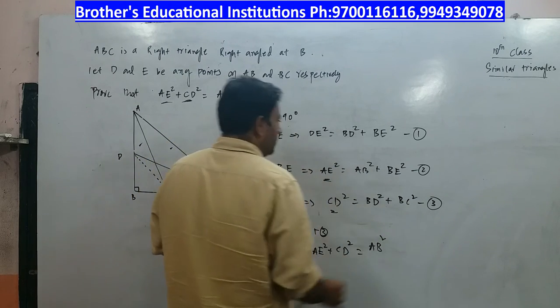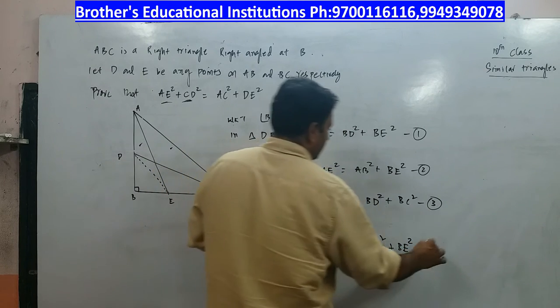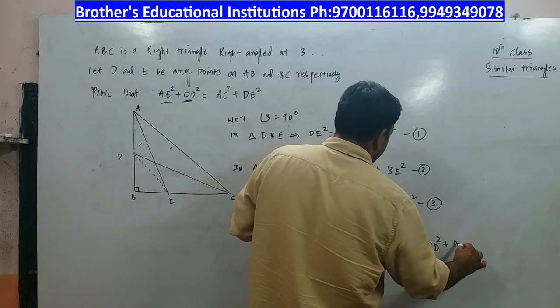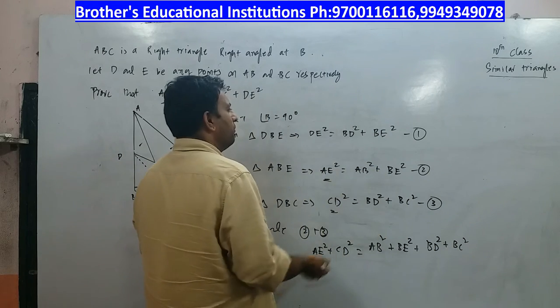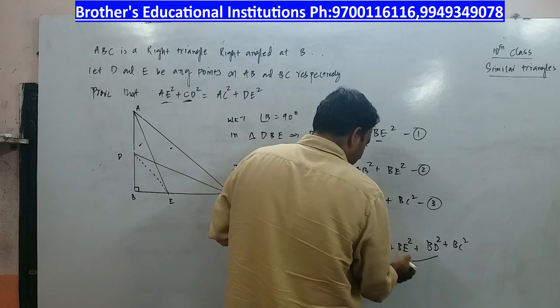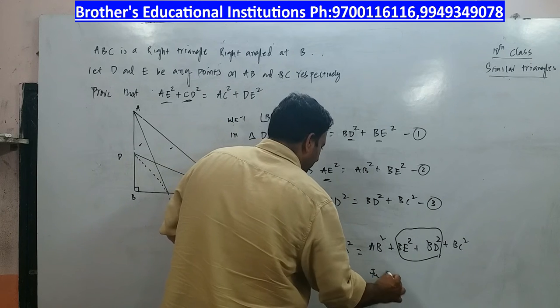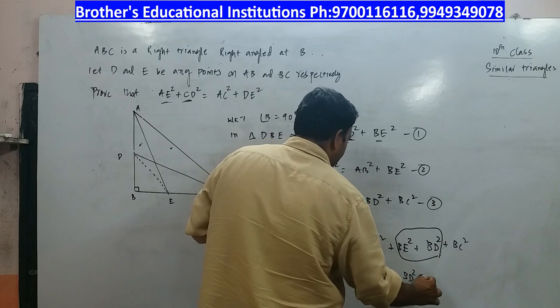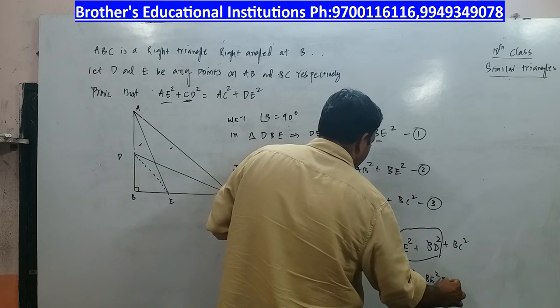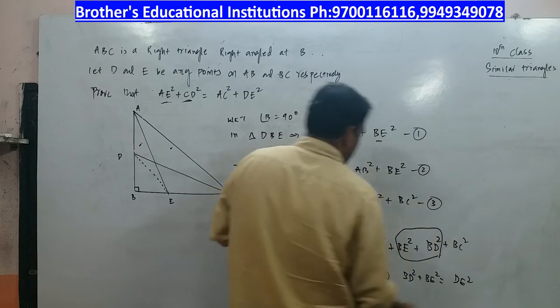I have AB square plus BE square plus BD square plus BC square. Now from equation 1, BD and BE, can you locate? Yes, you can locate BD and BE. Alright. So I will write from 1 BD square plus BE square is equal to DE square.